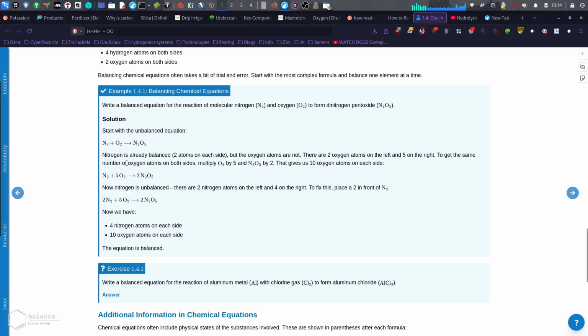To get the same number of oxygen atoms on both sides, multiply oxygen by 5 and dinitrogen pentoxide by 2. The left side and the right side change to balance the oxygen. 2 nitrogens, 5, 10 oxygens. 5 multiplied by 2 gives 10.